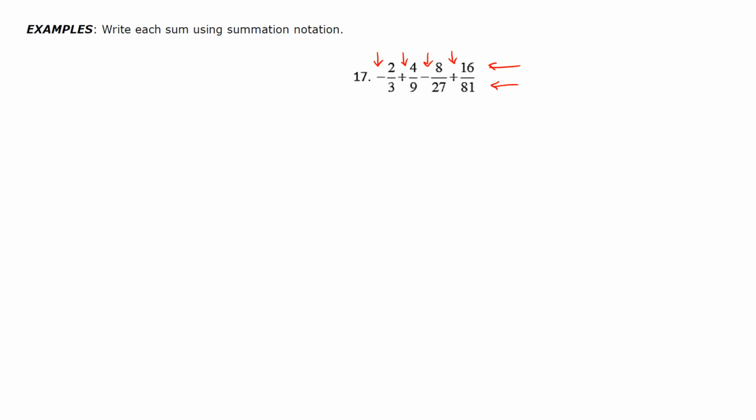So I know in the numerator, I'm going to have 2 to some power, and in the denominator, 3 to some power. In other words, I'm going to have 2/3 to some power.